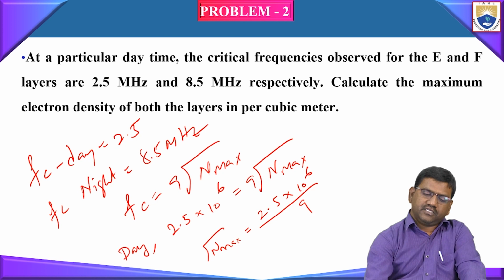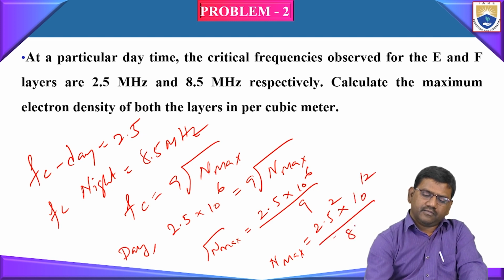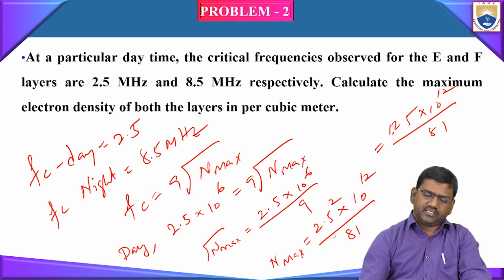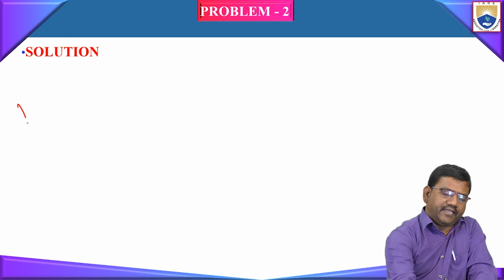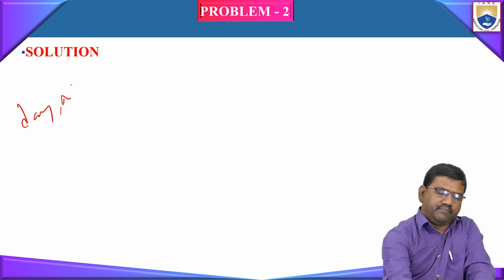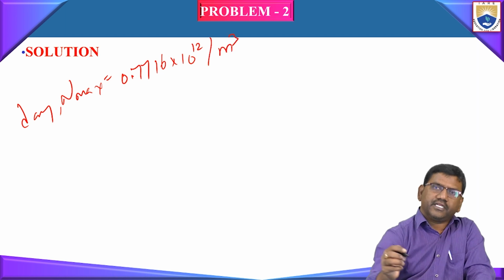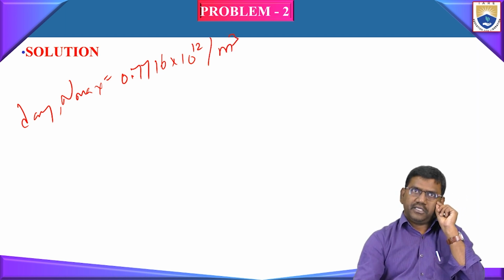Squaring on both sides, N max is equal to 2.5 square into 10 power 12 divided by 81. So 2.5 square is 6.25, divided by 81. If we simplify this, the N max value we get is 0.7716 into 10 power 12 per meter cubed.